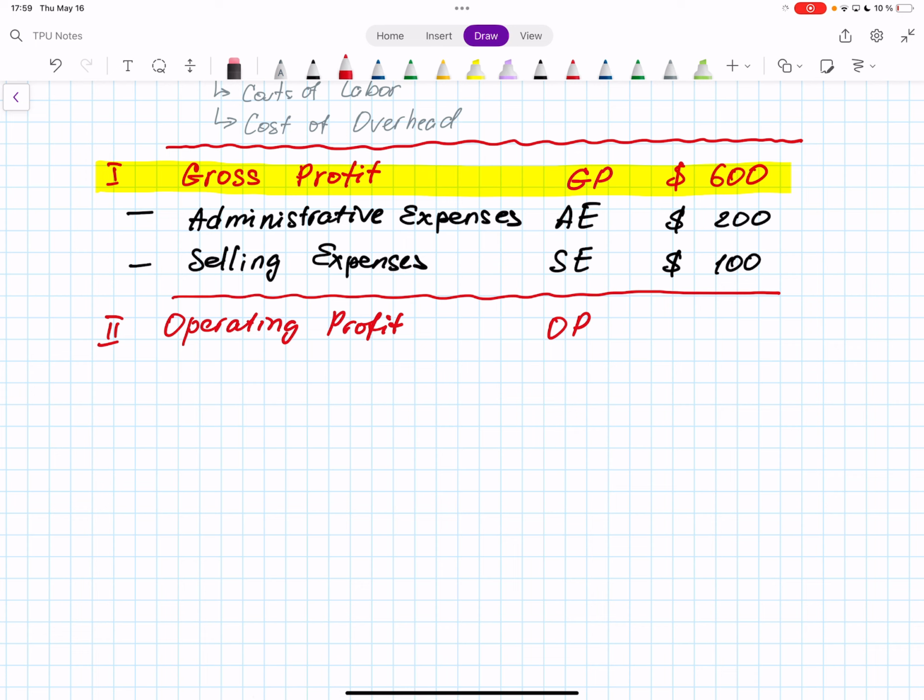How much is it going to be? 600 minus 200 minus 100 equals 300. Operating profit has another official name. It's called EBIT. EBIT. Or EBIT sometimes.